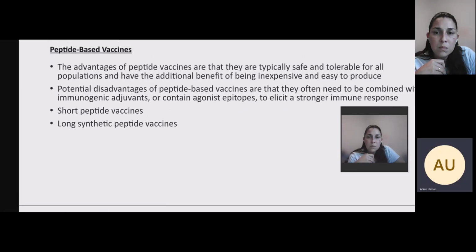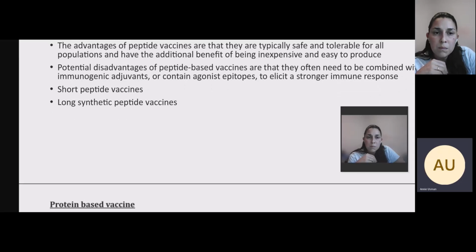The disadvantages of the peptide-based vaccines are that they often have to be combined with certain immunogenic adjuvants, and they also contain agonist epitopes, which can elicit a stronger immune response, which can be a potential disadvantage.